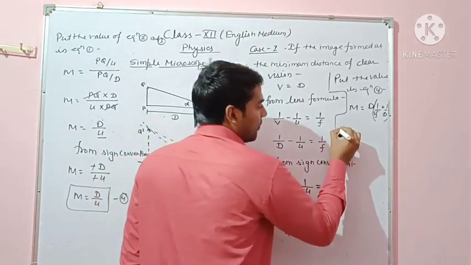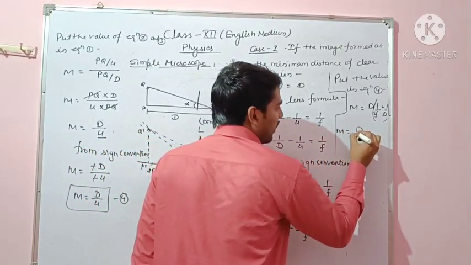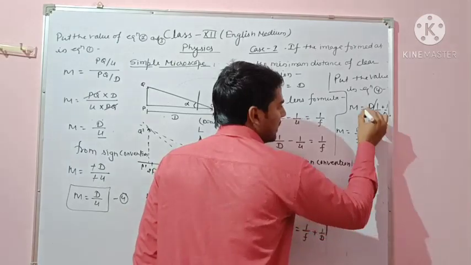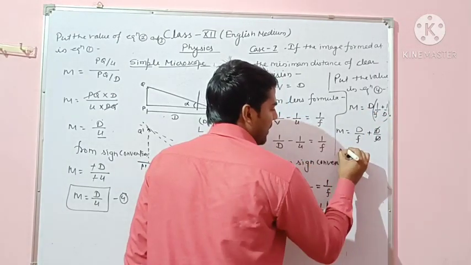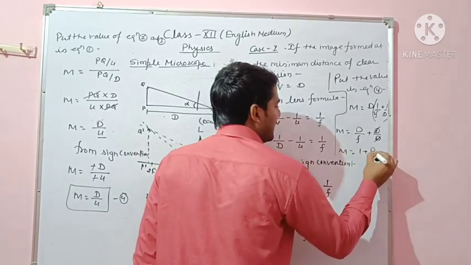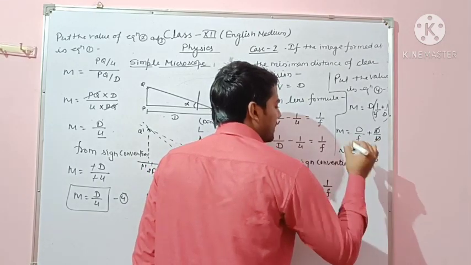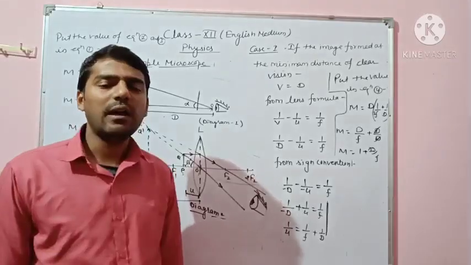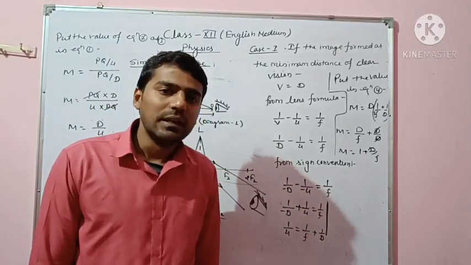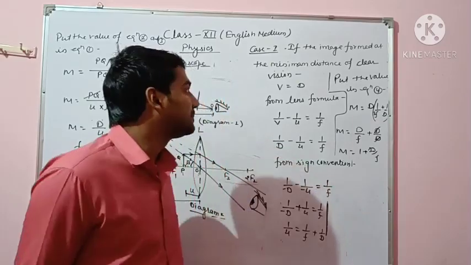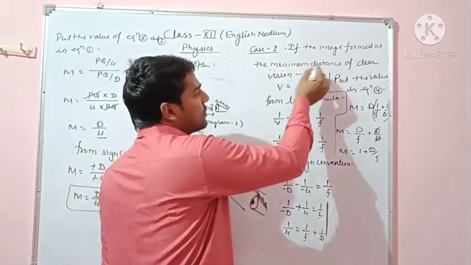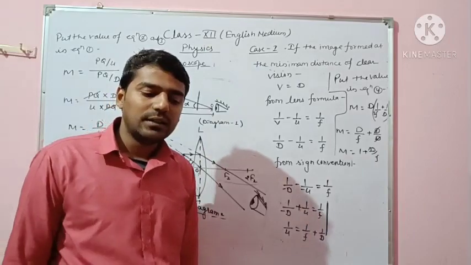We multiply d by both, so d upon f plus d upon d. D by d is 1, so m equals 1 plus d upon f. This is the formula of angular magnification if the image is formed at the minimum distance of clear vision.